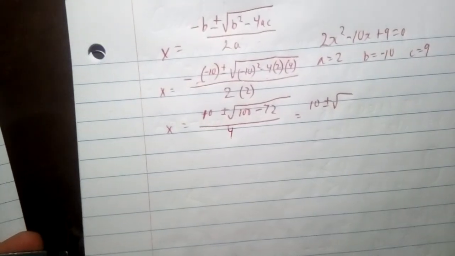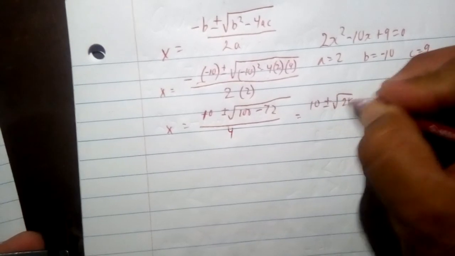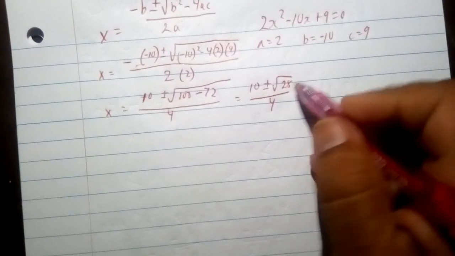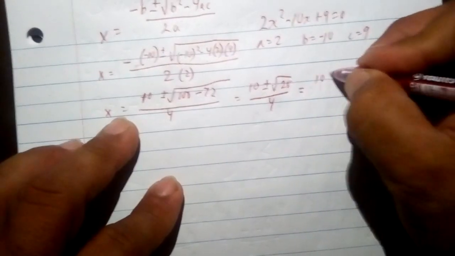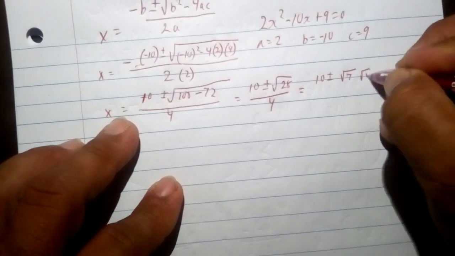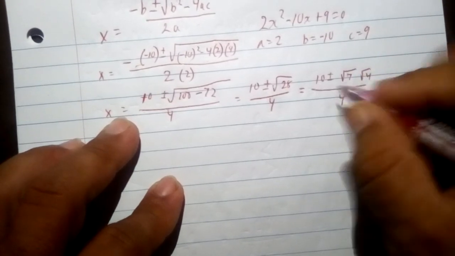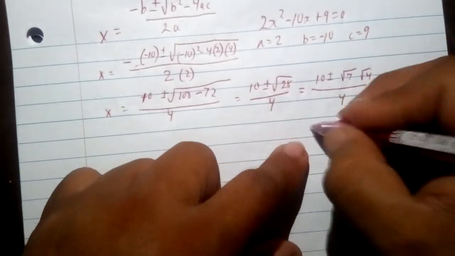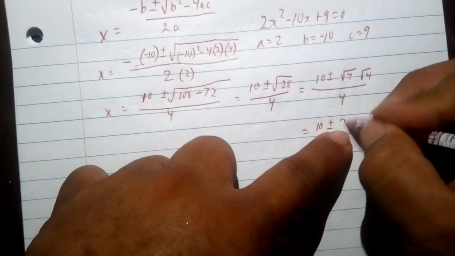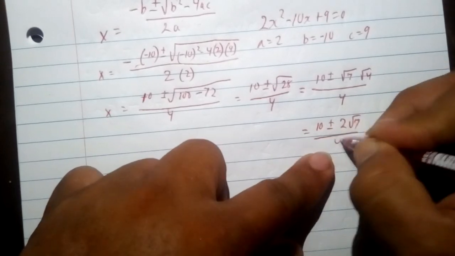So 100 take away 72 gives us 28 over 4, which is also equal to 10 plus minus square root 7 times square root 4 over 4, because we can split the 28. This now gives me 10 plus minus square root of 4 will give me 2 square root 7 over 4.